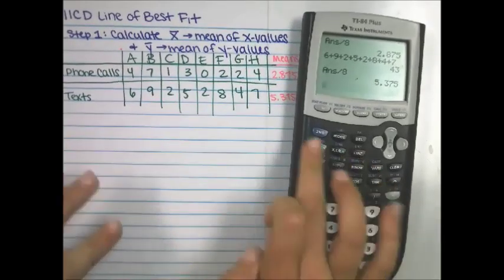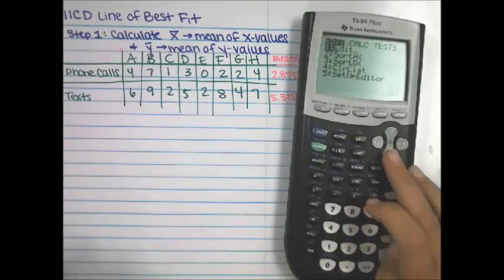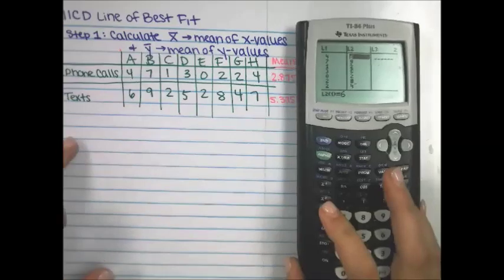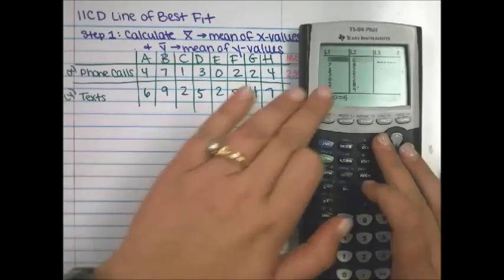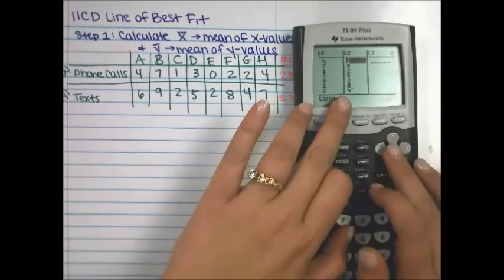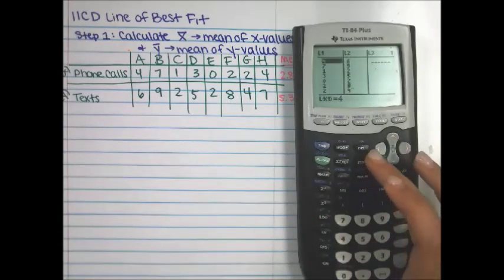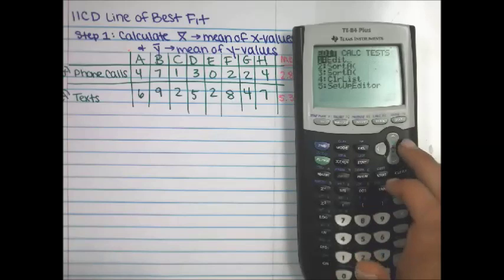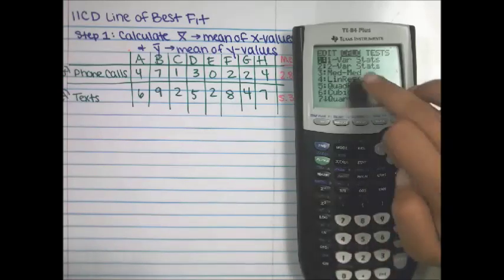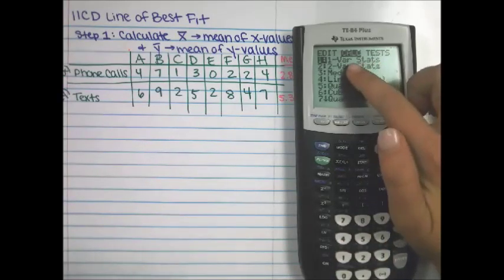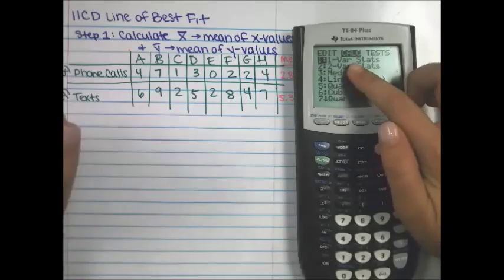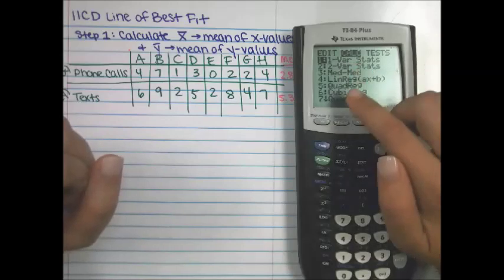Under stat, edit, I have my list typed in from last time. I have my phone calls in my X column and my text messages in my Y column. I'm going to press stat, go over to calculate. We've used the 1-var stats button, which is how we found mean, median, mode, all that for a list of data, in chapter 6.